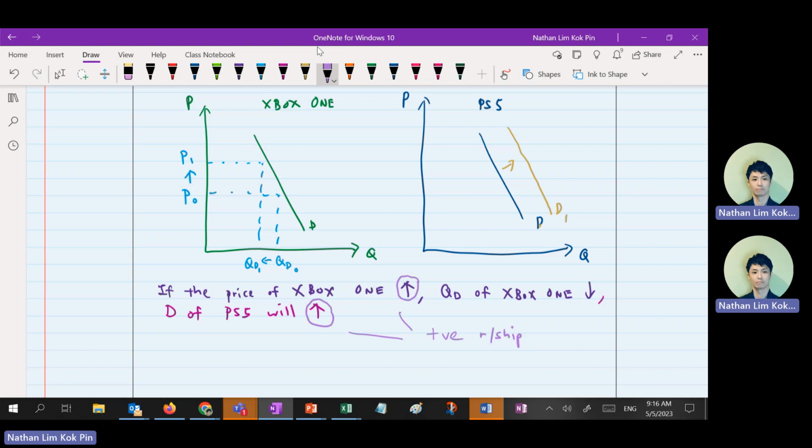Let me check your page 12 onwards. Price of butter, DP.